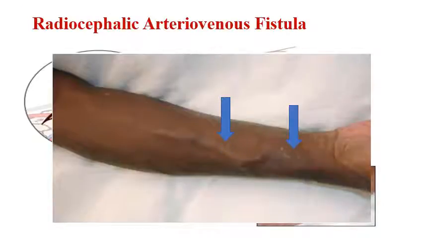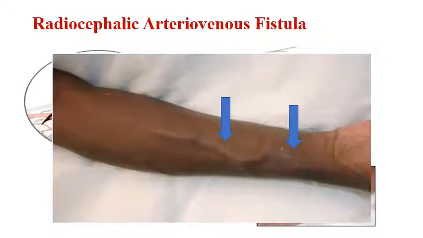We connect the needles of the dialysis. The two needles are connected to the vein only. No needles are connected to the fistula itself or to the artery. We just connect to the vein. So this is the scar and this is the vein which is formed after the operation.